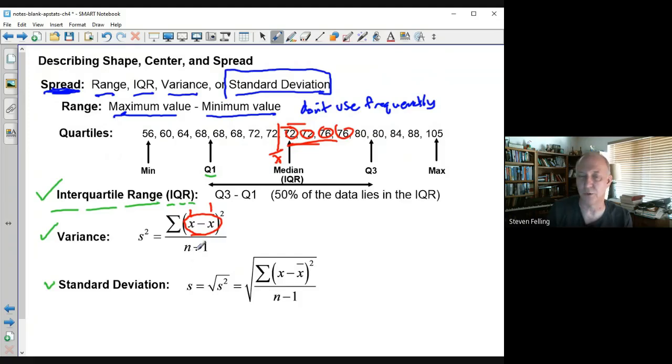And we'll explain later why that's n minus 1. So this variance really represents the average distance squared that data is from the mean. Okay? And then the standard deviation turns out to be just the square root of that. I'm going to go into more detail about that in just a second.